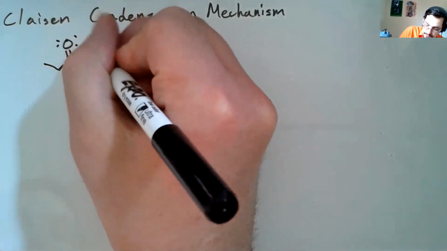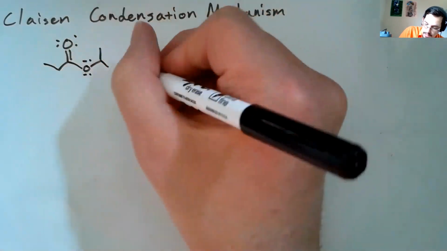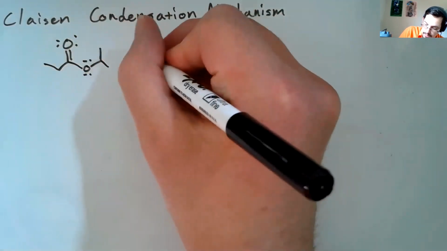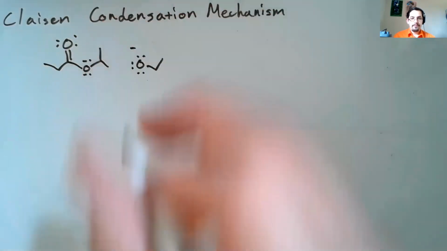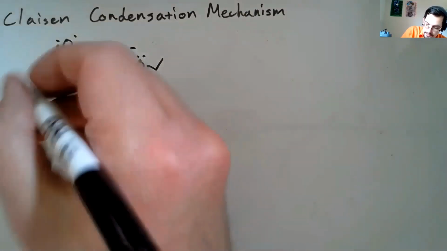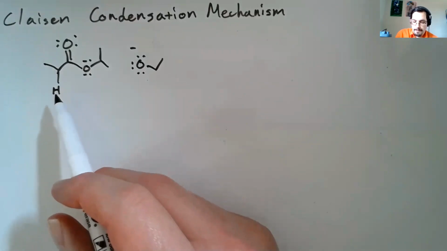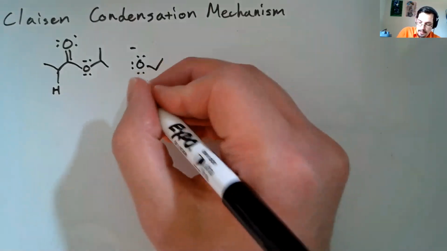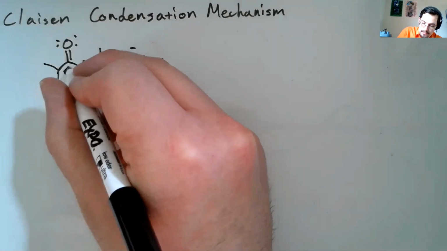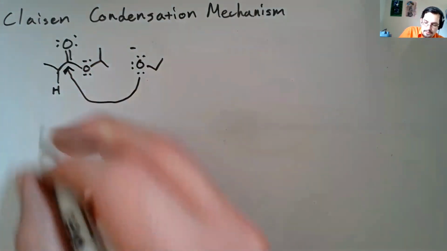So let's say we took the same ester and we add ethoxide. So we could, of course, react as usual with that alpha hydrogen to get our enolate, but we can also just attack here in a nucleophilic acyl substitution reaction.